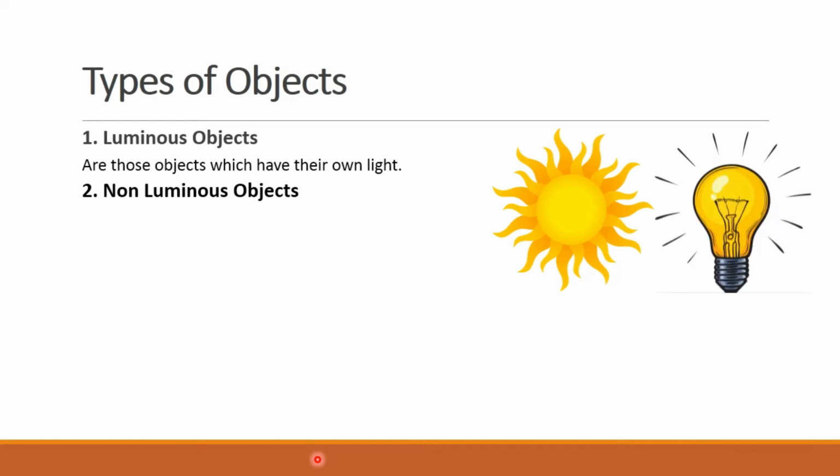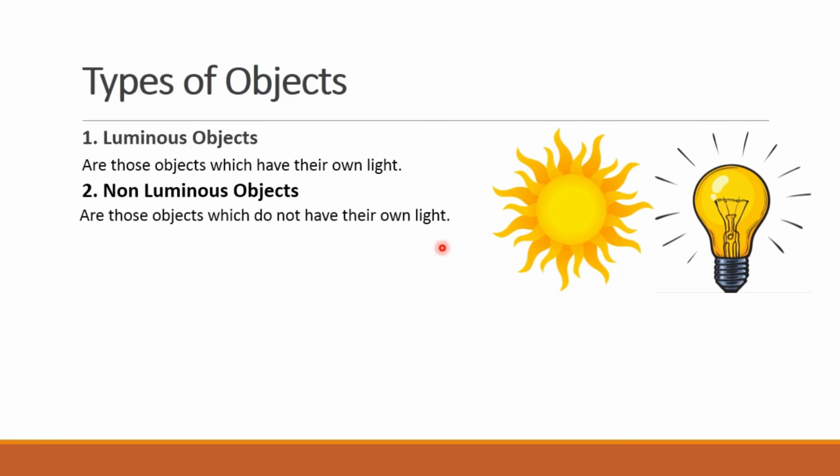And if we are taking a bulb, the bulb is also a luminous object, but it is an artificial object. So luminous objects can be natural as well as artificial. Other examples of luminous objects are tube light and lamp.